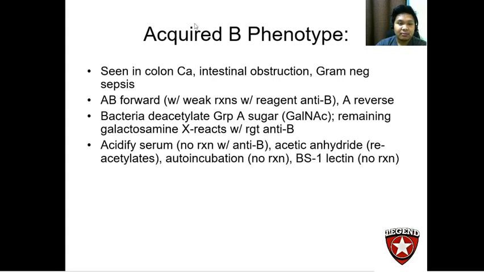Acquired B phenotype is seen in colon cancer, intestinal obstruction, and gram-negative sepsis. In forward typing, the patient is seen as type AB, but in reverse, they are reacting as type A. The reason why patients acquire this acquired B phenotype is because of bacteria which deacetylate group A sugar, converting the group A sugar into a group B sugar.